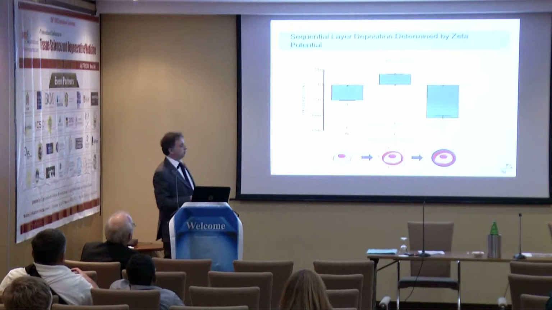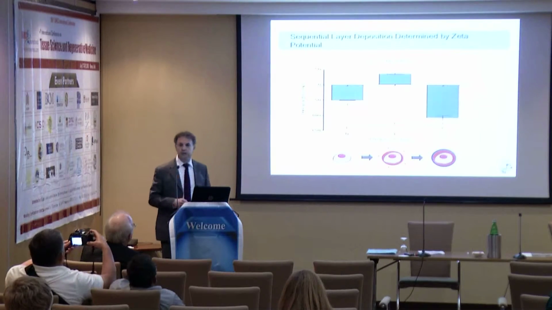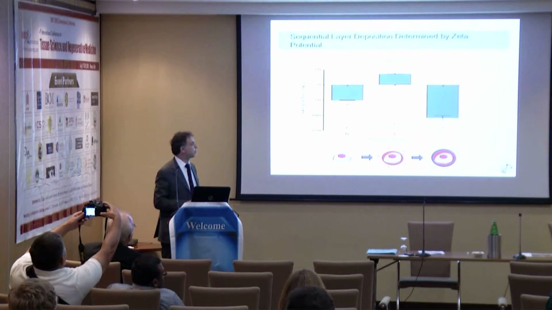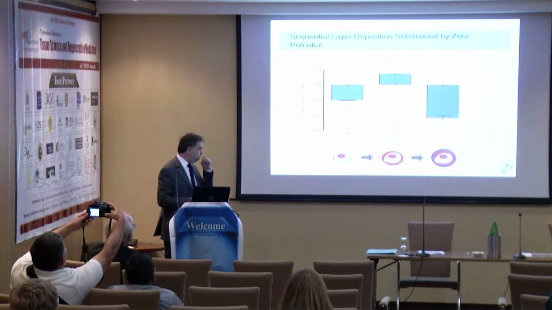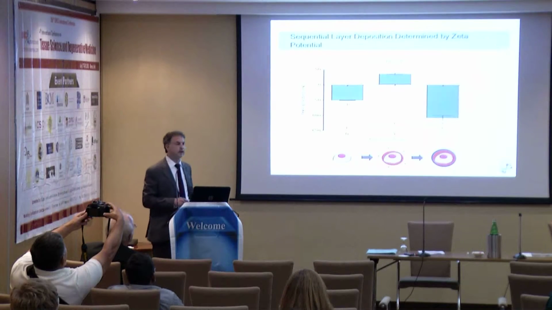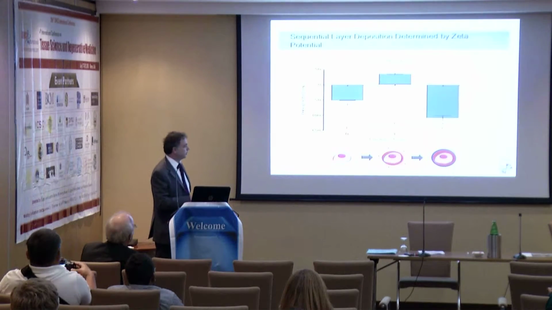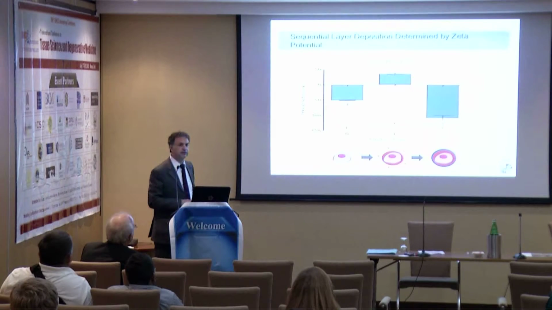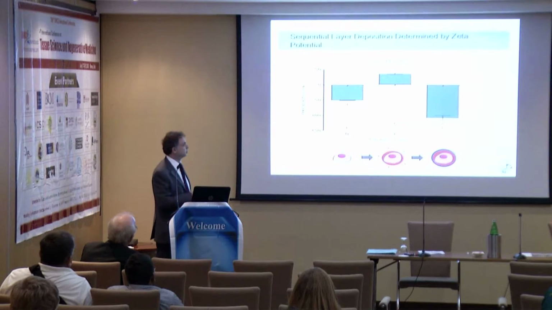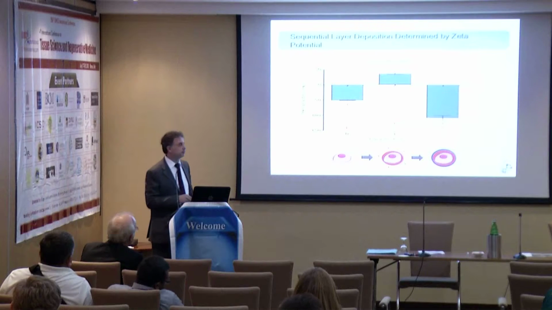Another way that you can follow this procedure is by measuring the zeta potential. Nude cells, as I said before, have a negative membrane potential, so the zeta potential is negative.